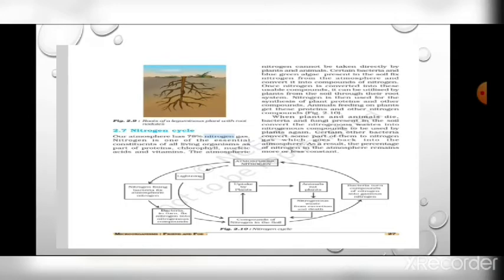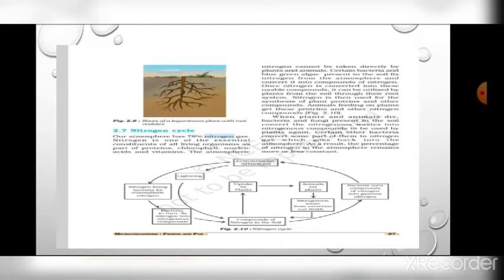The atmospheric nitrogen cannot be taken directly by the plants and animals. Plants cannot take nitrogen in the gaseous form. So certain bacteria and blue-green algae, the blue-green algae nostoc and anabaena, and bacteria rhizobium, they are present in the soil and they fix nitrogen from the atmosphere and convert it into a nitrogenous compound.